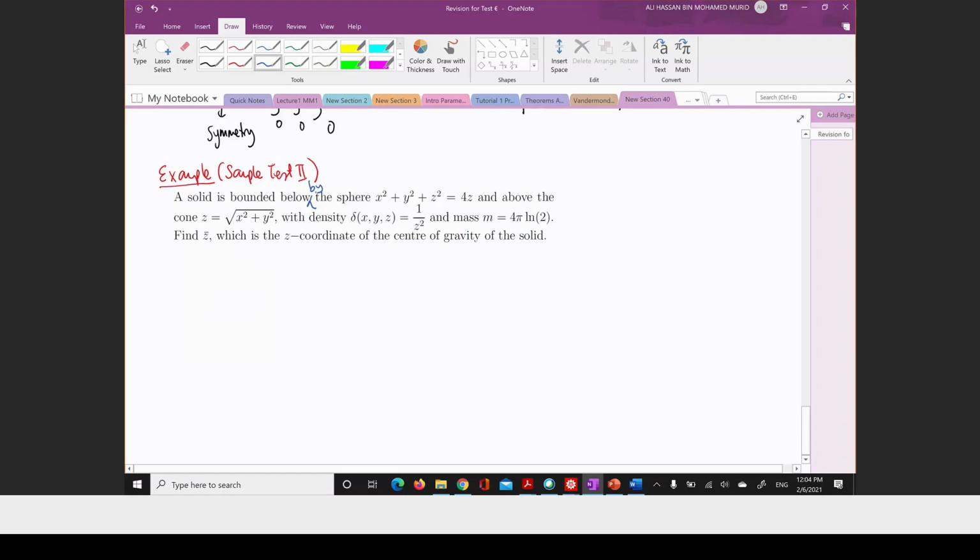And the mass is also given here, m equal to 4 pi ln 2. Find z bar, which is the z coordinate of the center of gravity.